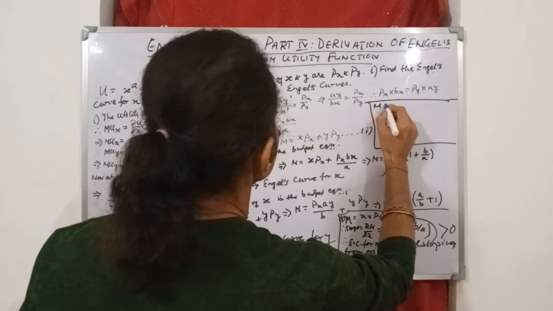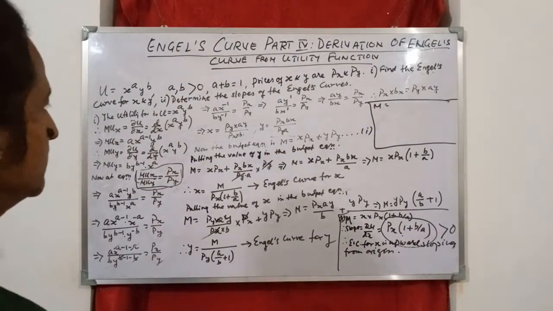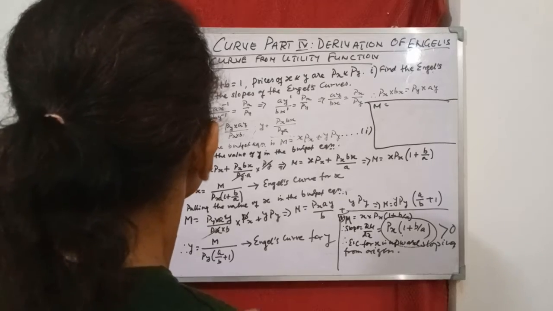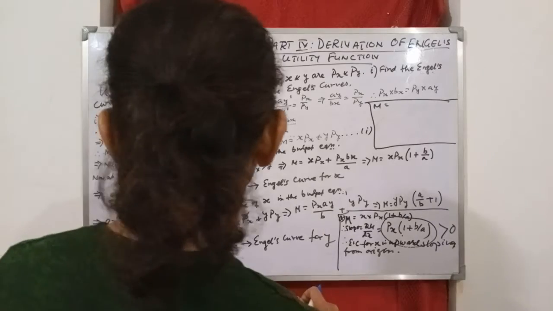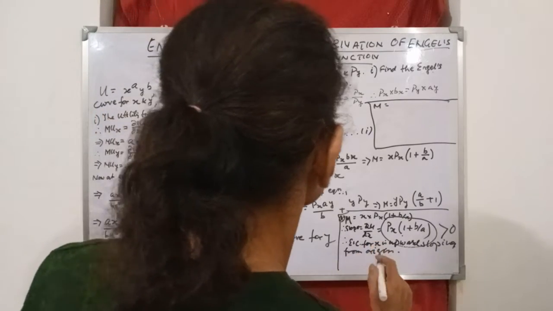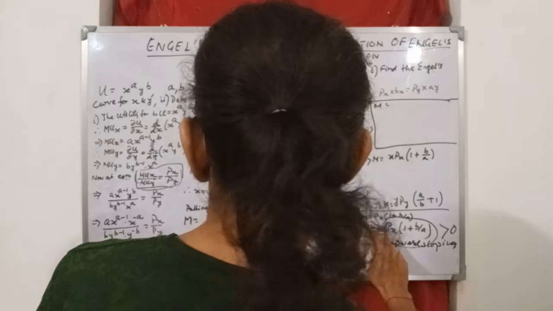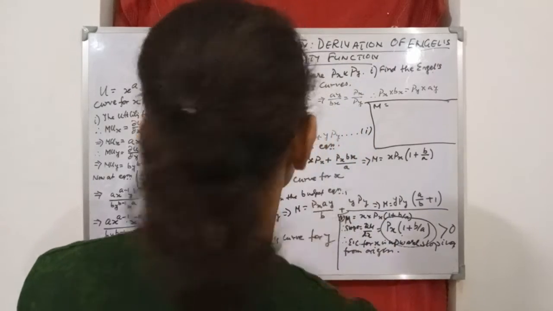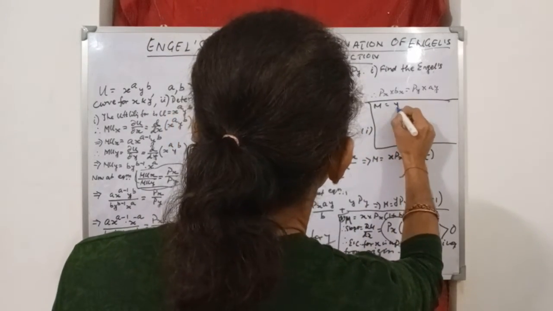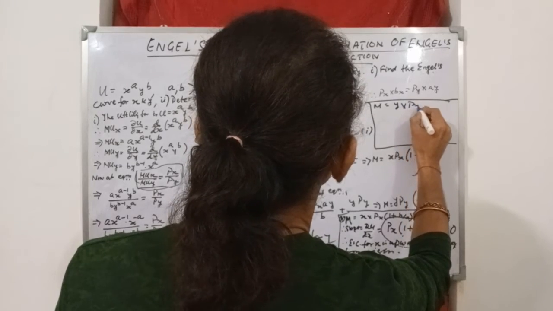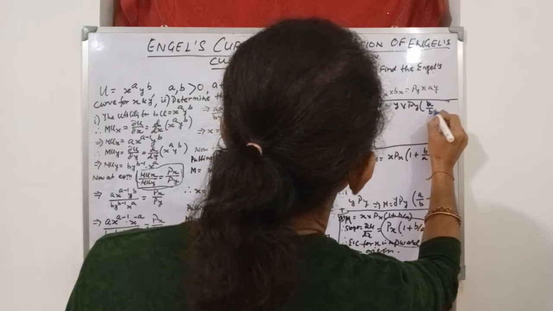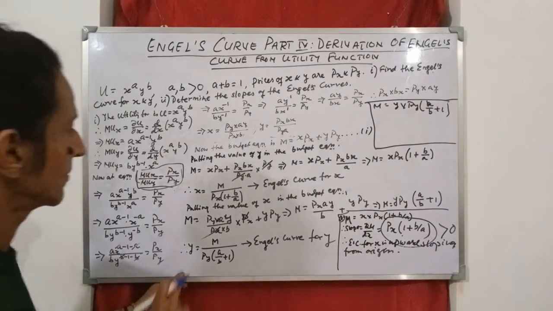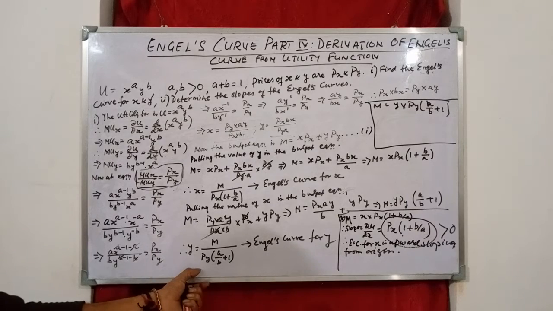Here m equals y into py into within bracket a by b plus 1.